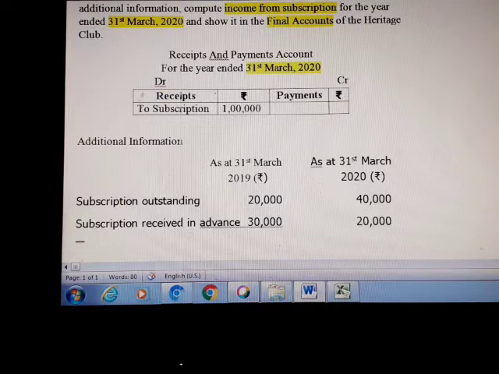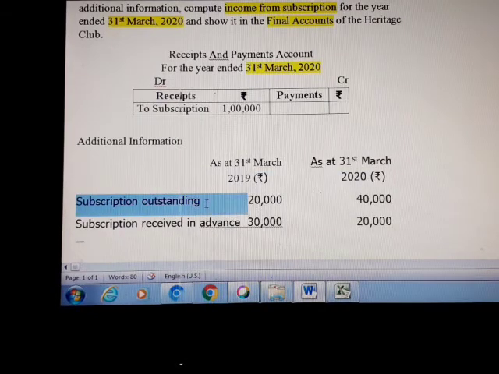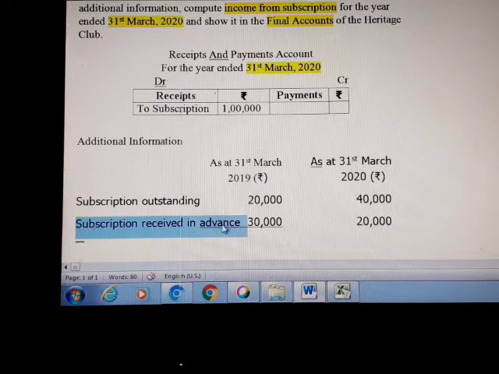In addition, you have been given some additional information: subscription outstanding, and subscription received in advance. So we need to make the necessary adjustments for both.